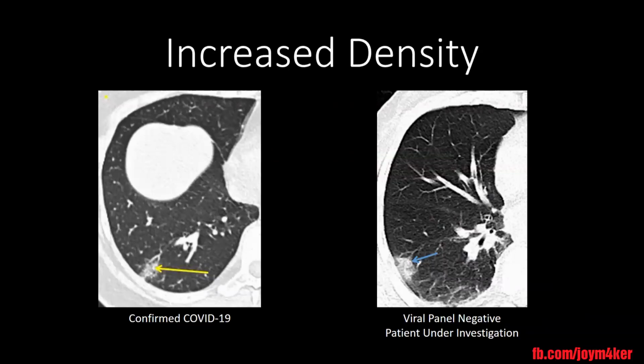In addition to traditional ground glass opacities with a rounded morphology, at times people are reporting with COVID-19 and other viral pneumonias a more dense round opacity. This is progressing from ground glass opacification really to more of a focal consolidation, but you can see it remains peripheral and poorly defined.